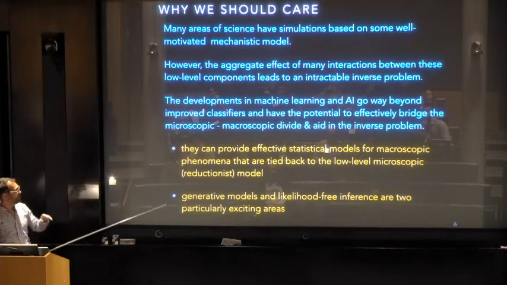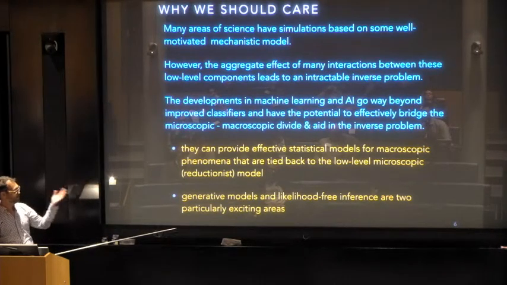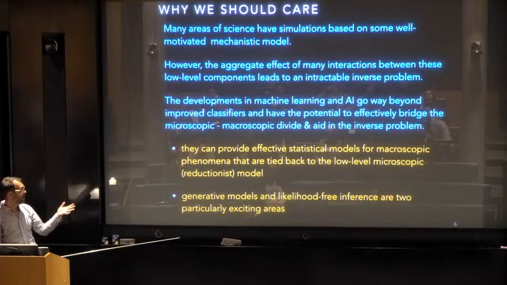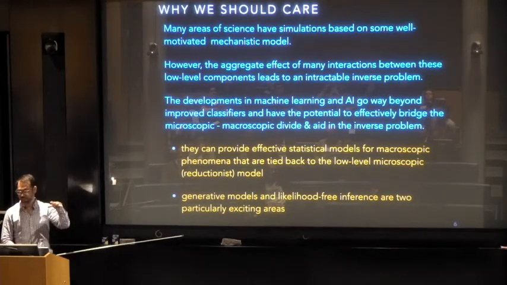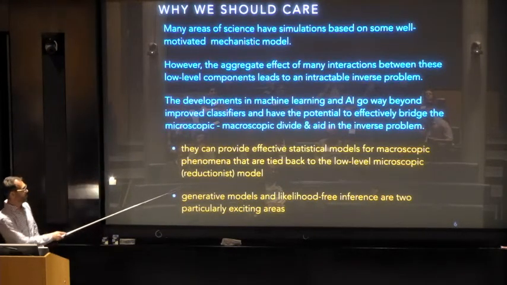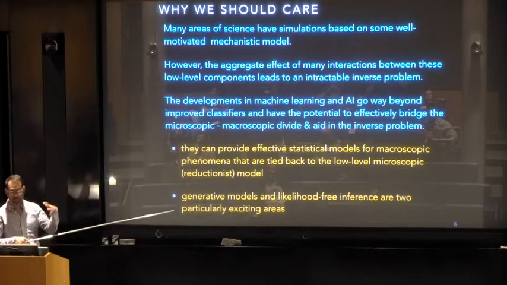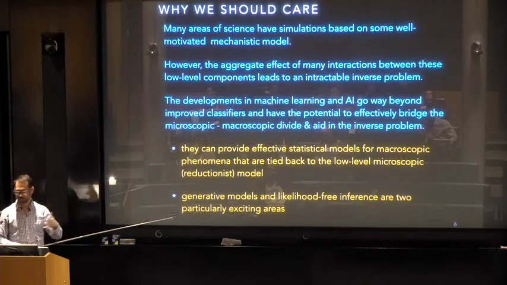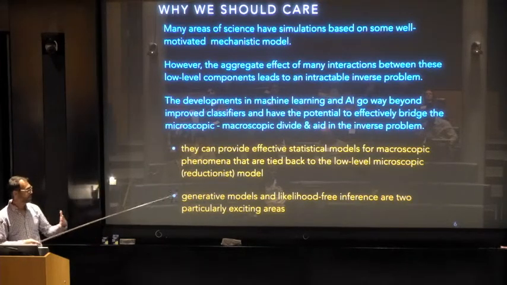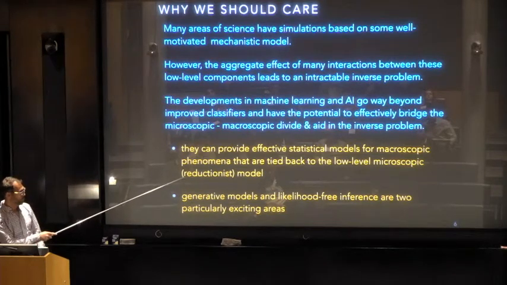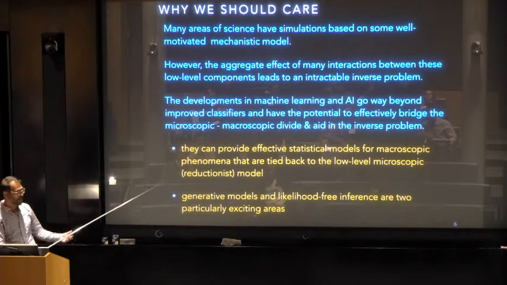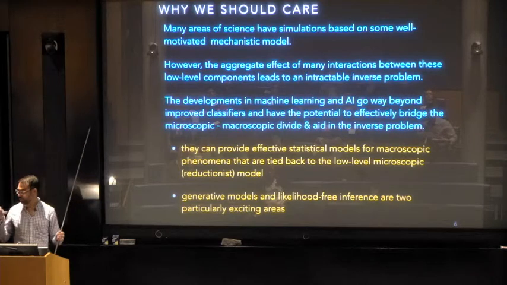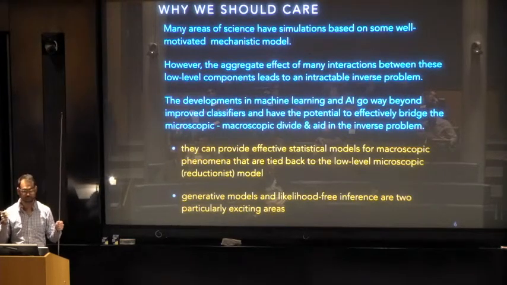What you can try to do is connect the microscopic and macroscopic divide, where you're coming up with an effective statistical model for the data, which maybe only has the relevant degrees of freedom. So it's some kind of macroscopic emergent phenomena that you're modeling. But it's tied back to the parameters that describe the low-level mechanistic microscopic model.